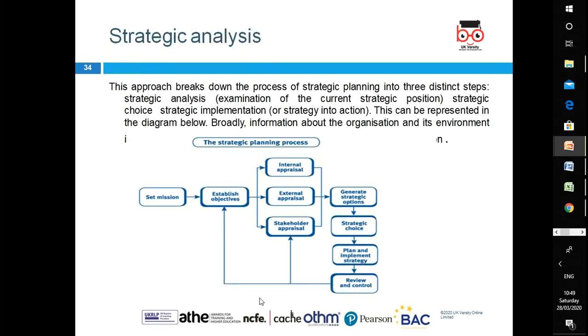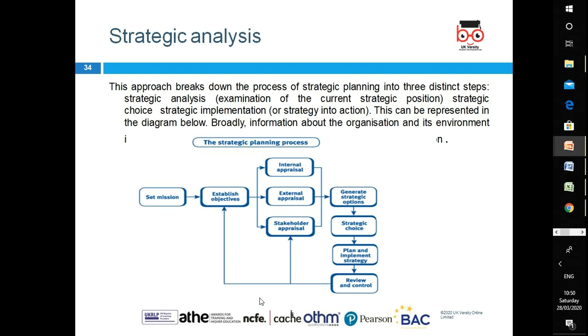Then when we do the strategic analysis, the approach breaks down the process of strategic planning into 3 different areas. Always we need to look at setting the mission, establishing objectives, and reviewing your control. Internal appraisal, external appraisal, stakeholder appraisal.